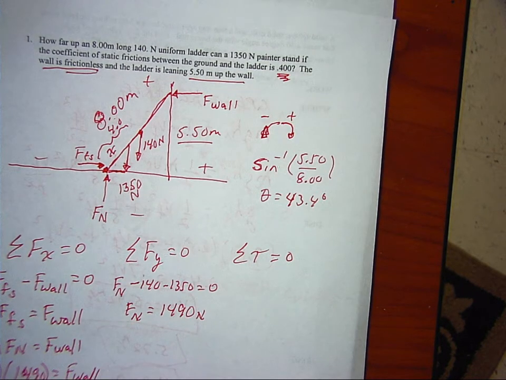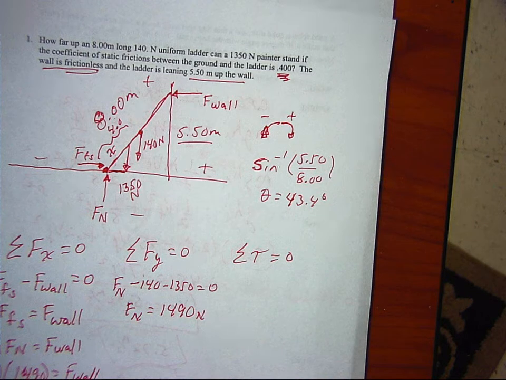Be easier to see. So the painter is X away. This angle is 43.4. So the distance we need is this. That's the adjacent side, so it's hypotenuse times the cosine of the angle. Someone punch cosine 43.4. 0.727. Yeah, we're assuming 0.727.